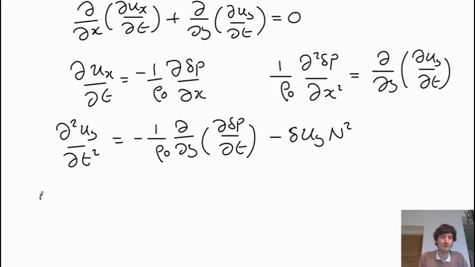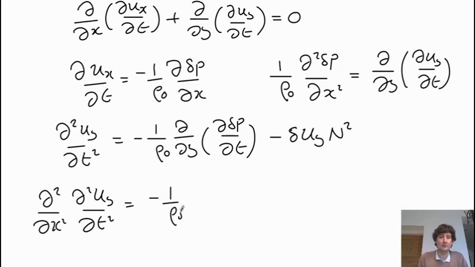And so we have the d2 by dx squared of d2 uy by dt squared, and then we have a 1 over rho naught d by dy of d delta p by dt becomes d by dt, and then we have a second derivative of delta p in x squared.